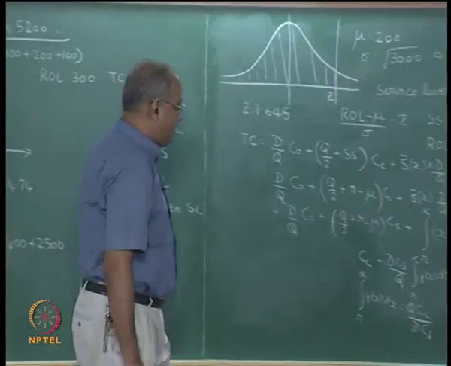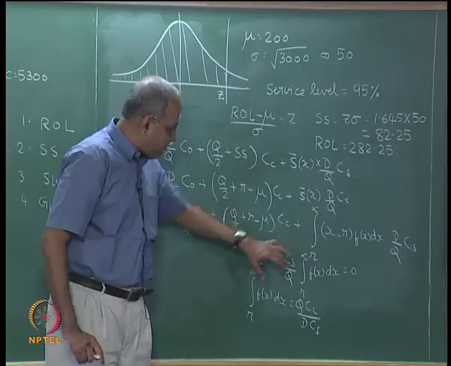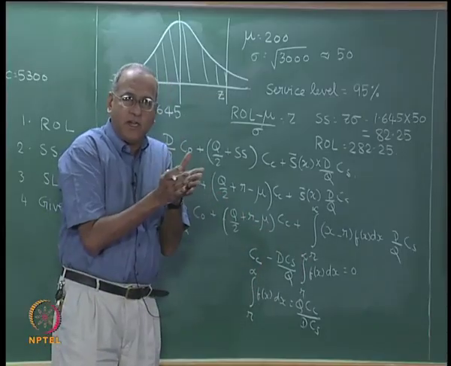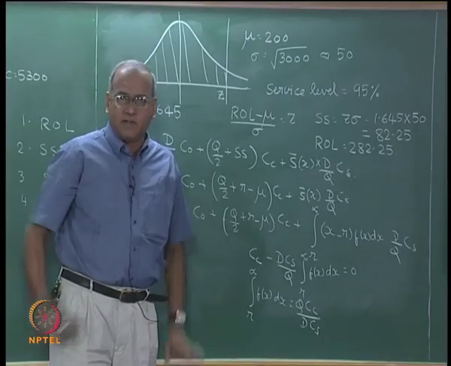Now if we observe it very carefully, integral r to infinity fx dx is the probability of occurrence of shortage, and 1 minus that will be the service level.